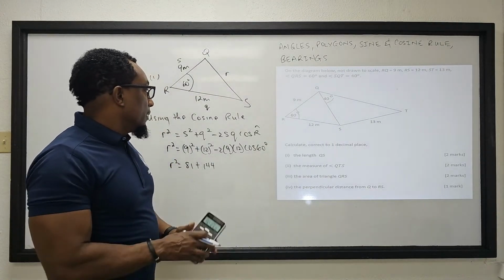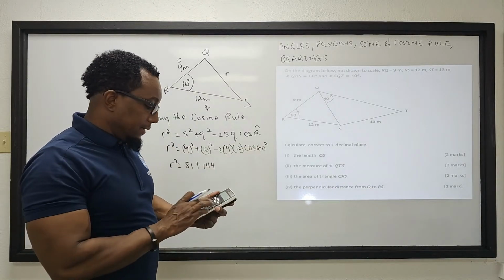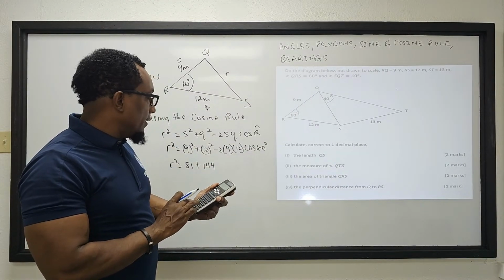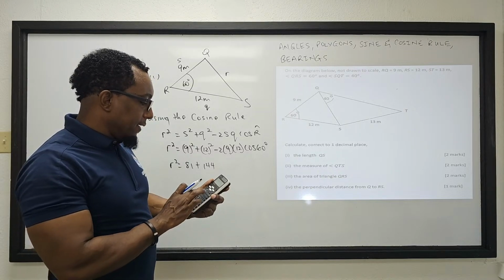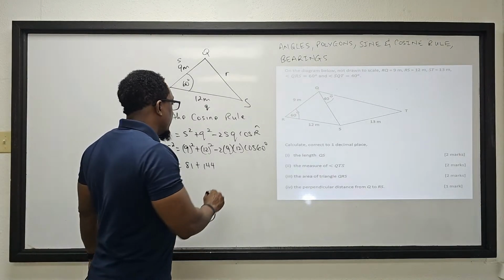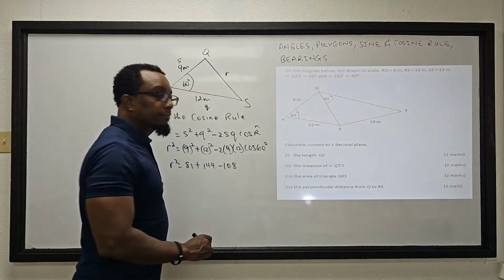Let's work it out on the calculator: negative 2 by 9 by 12 multiplied by cos 60 is negative 108.